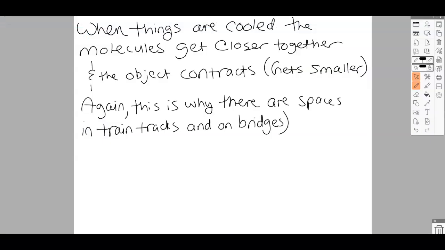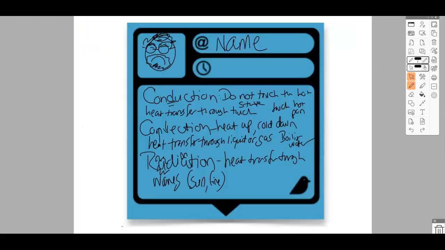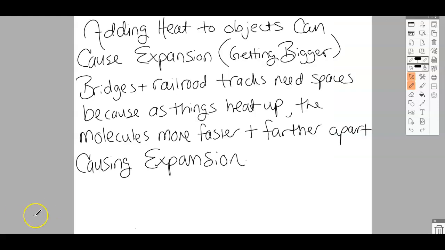So let's take a look at the notes that we took on expansion. This is the same thing that's on the anchor chart over there. Adding heat to objects can cause expansion. Jonathan, expansion means when things get bigger, like they grow.